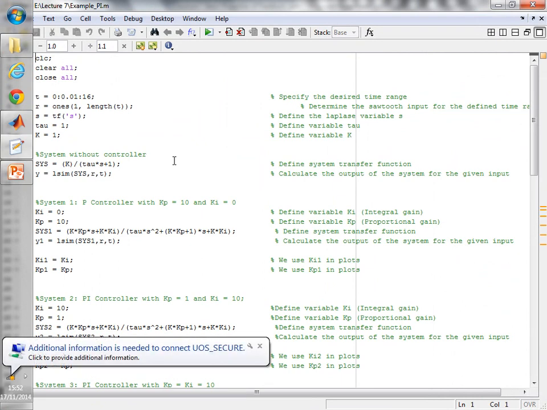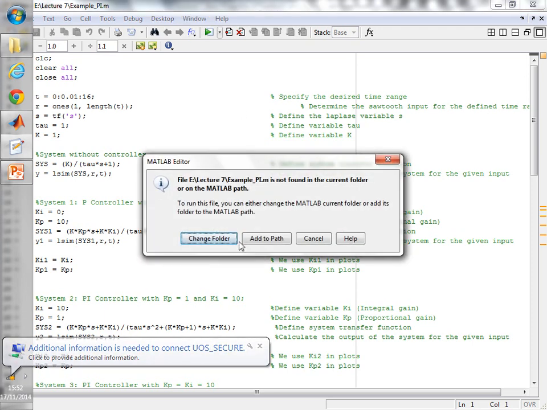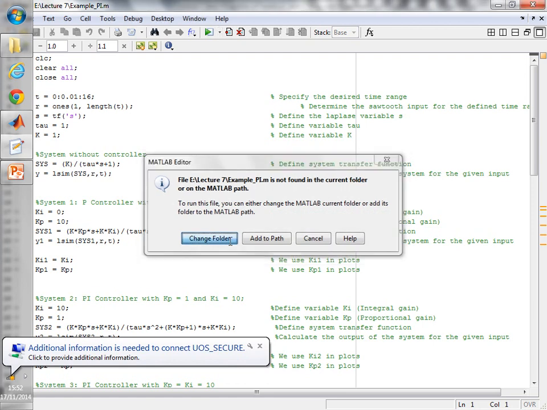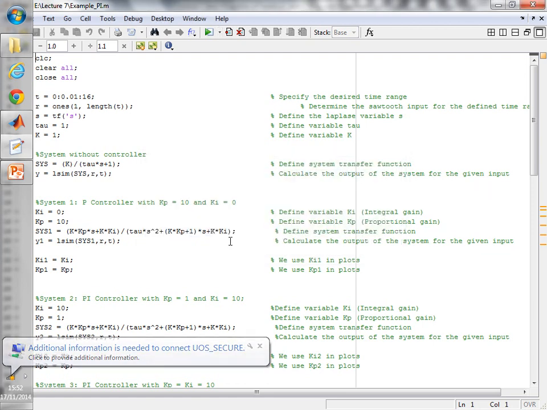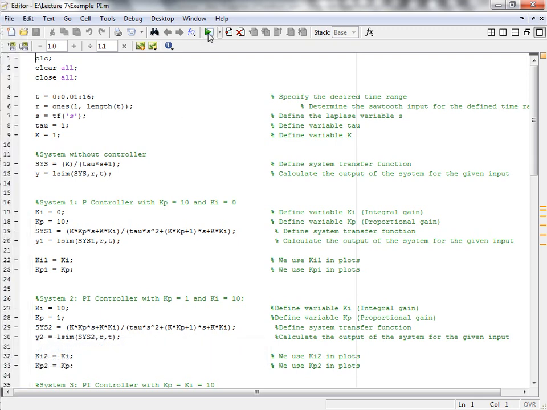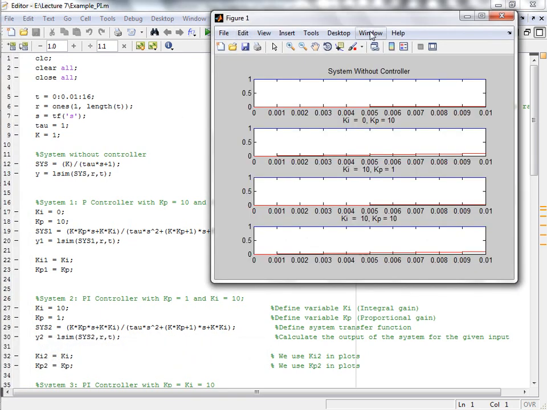Download it and try to play with it by yourself. But look, I have a first order transfer function, K over tau s plus 1. If you look at your lecture note, the first order system. I want to see how the PI controller will affect the performance of the system with different gains.